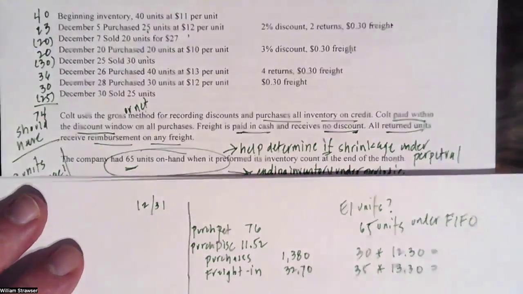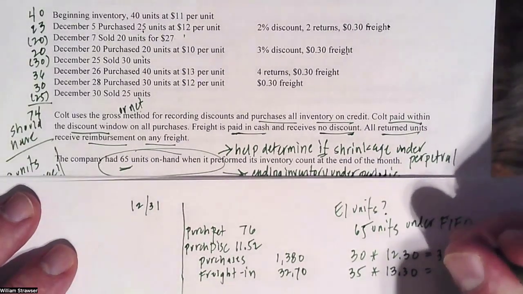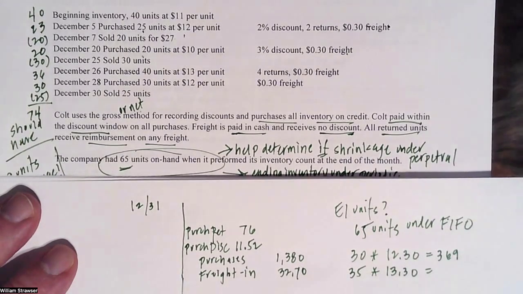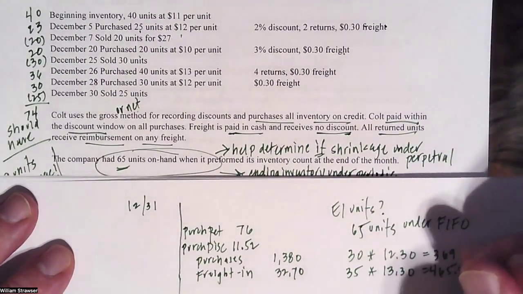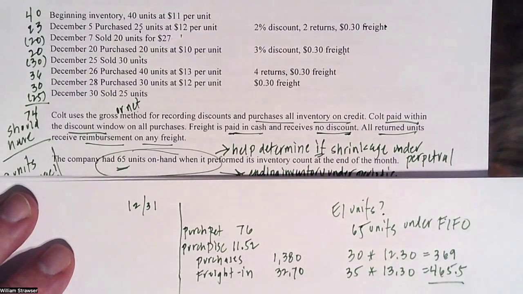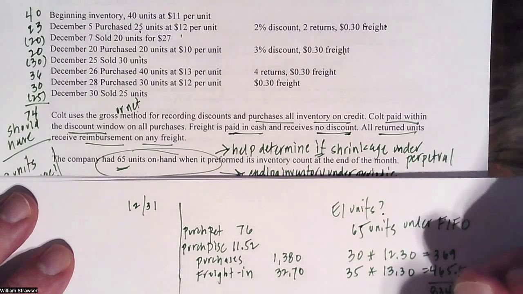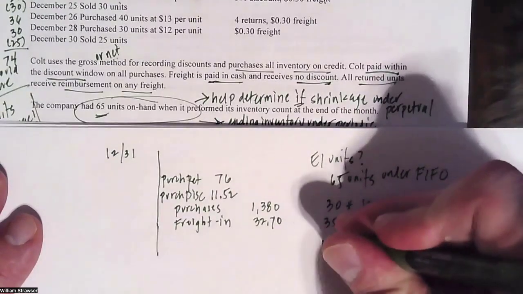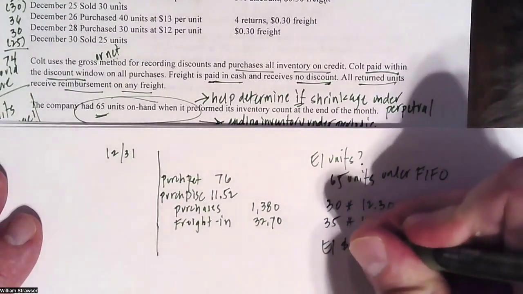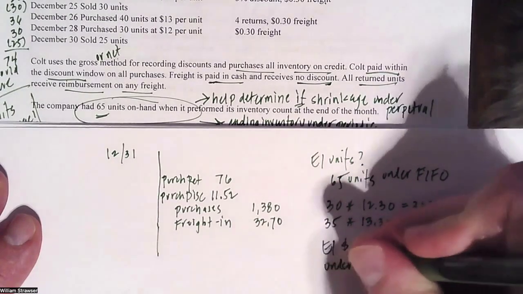So this represents my ending inventory if I used a FIFO method. It's $834.50. This is what my ending inventory balance should be. My ending inventory dollar value under FIFO.